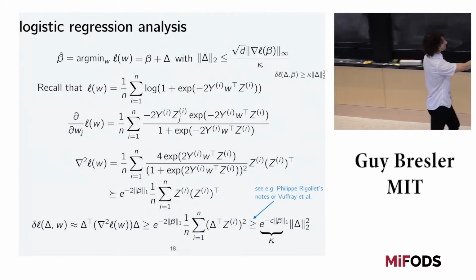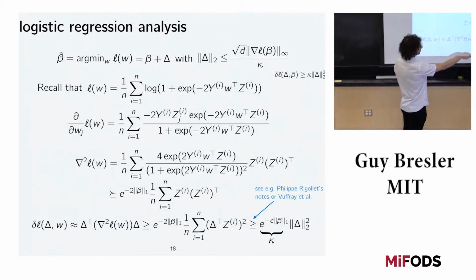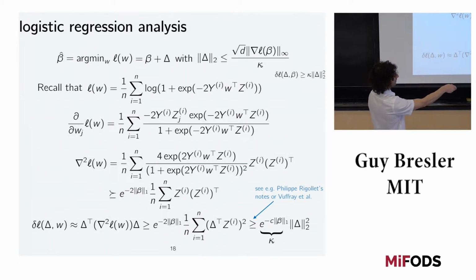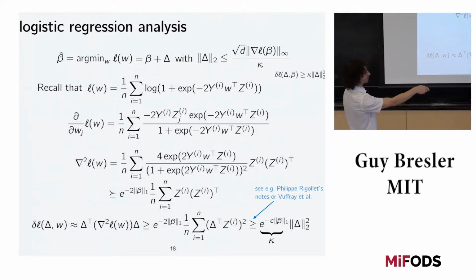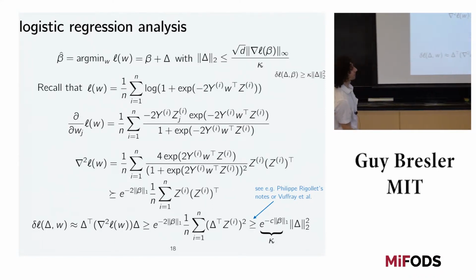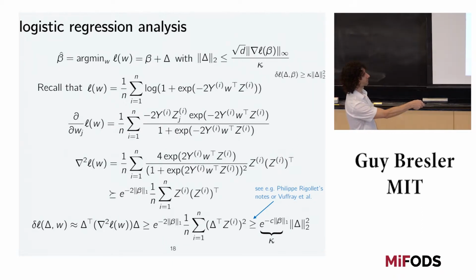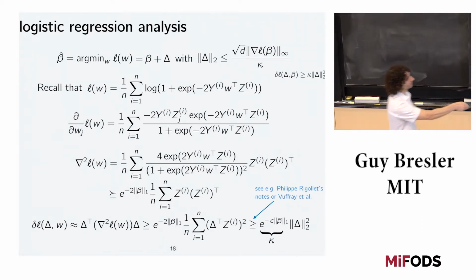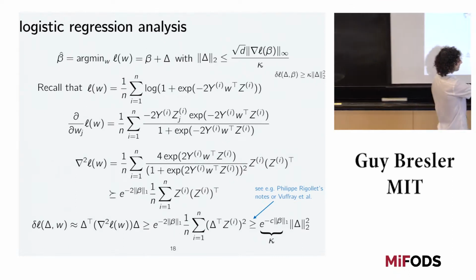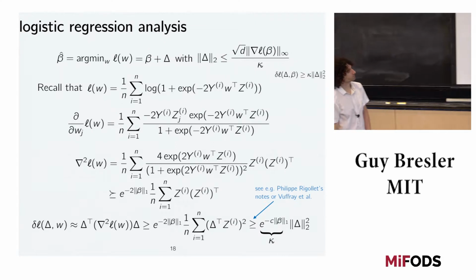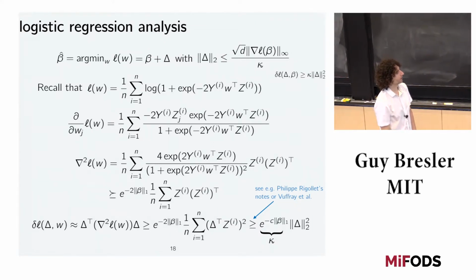When we go to this expression, we have the factor in front and an empirical variance along direction delta. There are some very nice steps to get this lower bound, where kappa is exactly e to the minus constant times the L1 norm of beta.